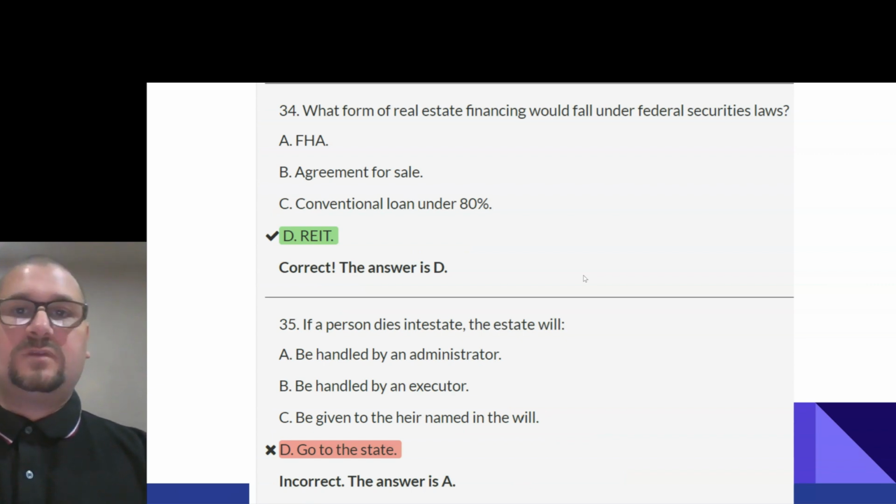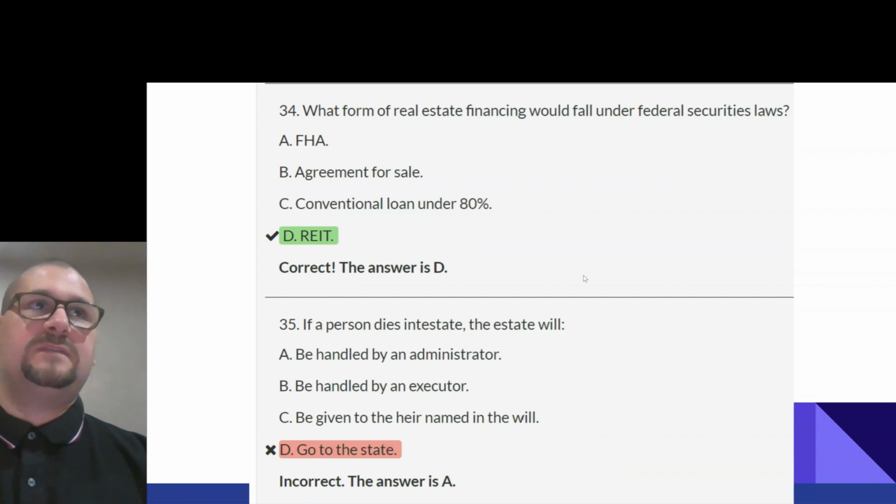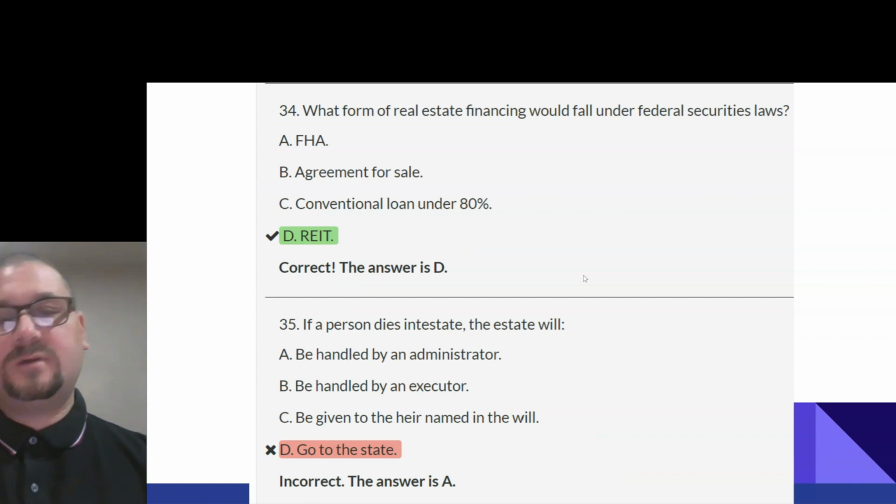What form of real estate financing would fall under federal securities laws? This one is going to be D, REIT, a real estate investment trust. A minimum of 100 investors, and that would fall under federal securities laws. Who regulates securities laws in Arizona?